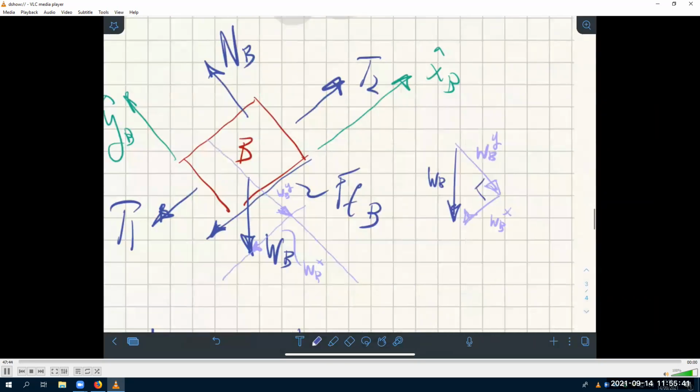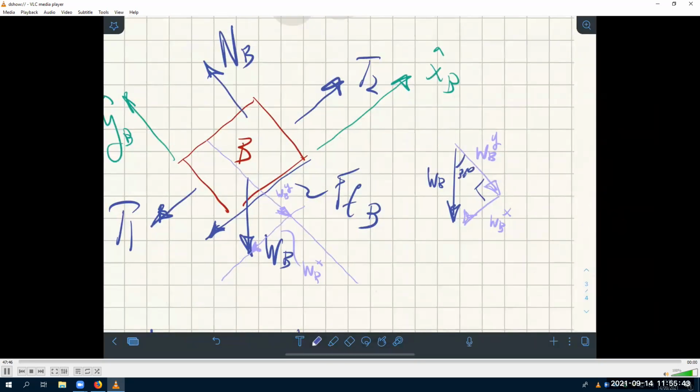This is 37. So you tell me now, how much is WBX? How do you find this? Is this opposite or adjacent? Opposite. So WBX equals WB times sine of 37.